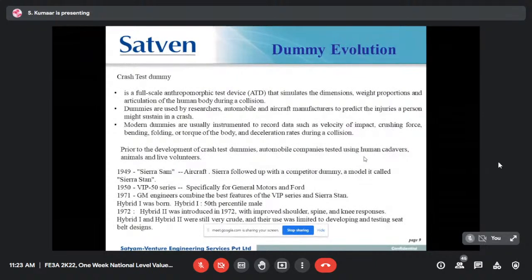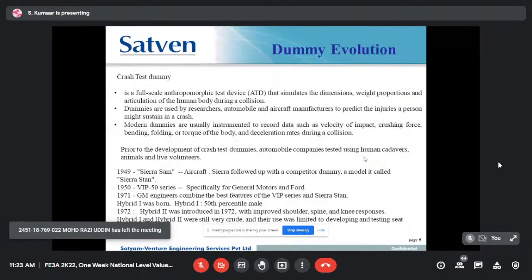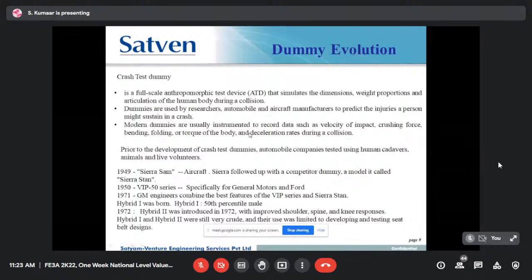And for animals, nowadays we have many rules, so we cannot use animals for crash tests. So now the only option is to use the dummy. We will see how the dummy evolved. The first dummy was developed in 1947, called the FE3A. This dummy was not developed for automotive use, it was developed for aircraft.